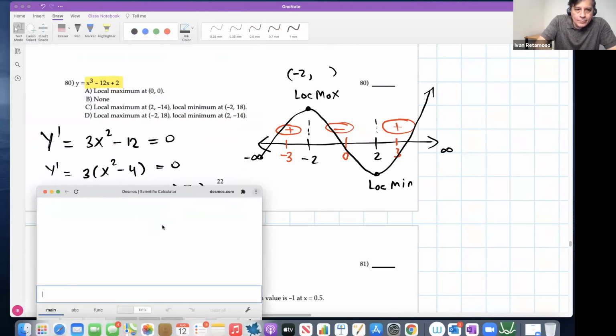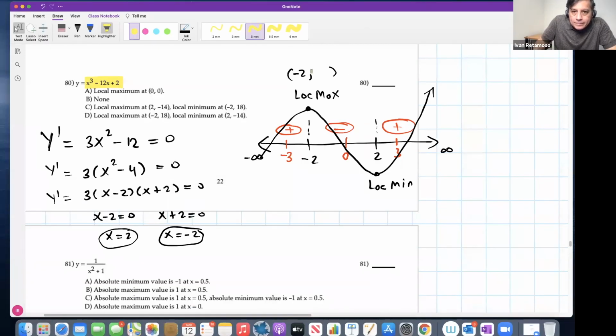So -2 has this y coordinate, or this partner, via this function, right? Cube here, -12 times -2, plus 2. 18, right? 18 is the partner of -2. Okay, 18 here.